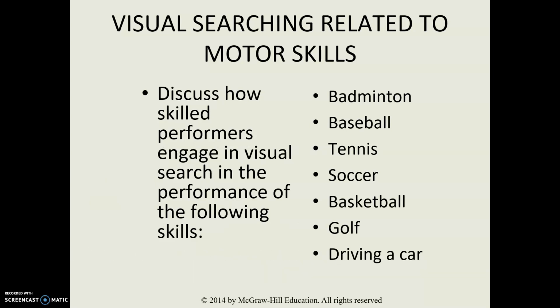So for a homework assignment for this part of the chapter, there's a worksheet to actually discuss how skilled performers versus novices engage in different visual search strategies. And that will be finishing up this chapter, and then you can turn that in for a homework grade. But it's interesting to note that expert performers versus novice performers do visually search and attend to information differently.